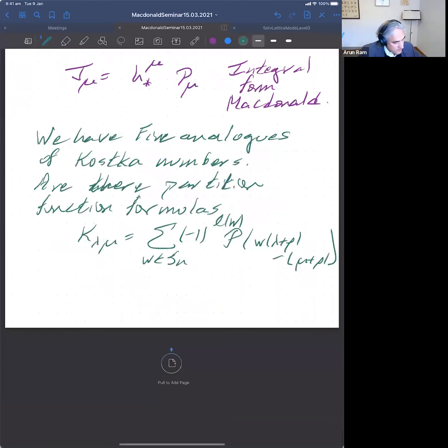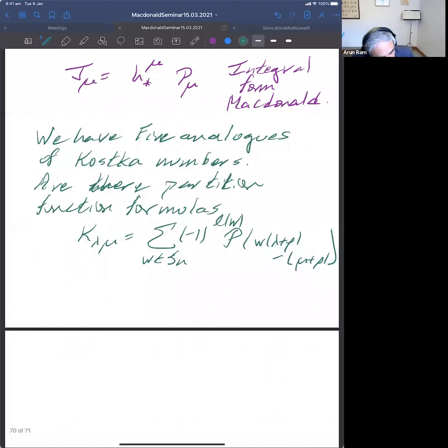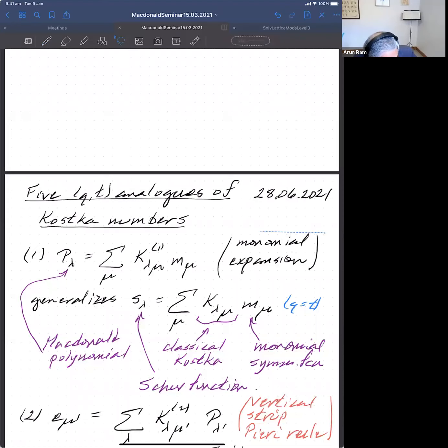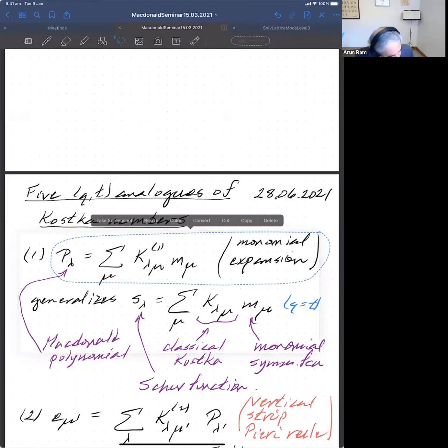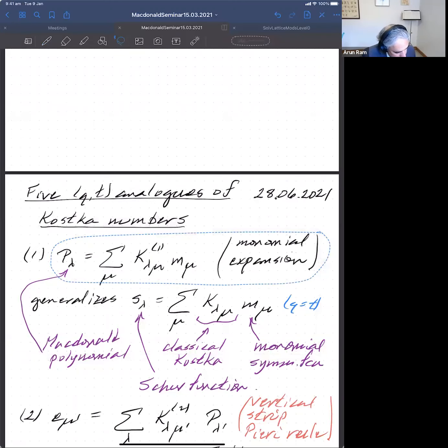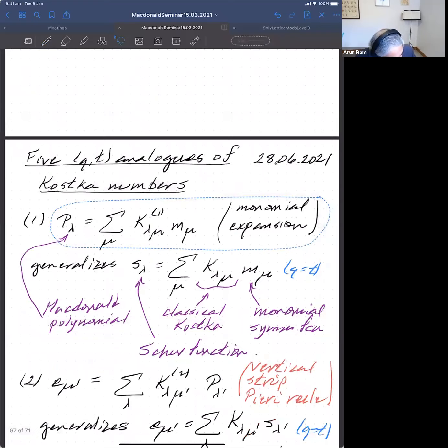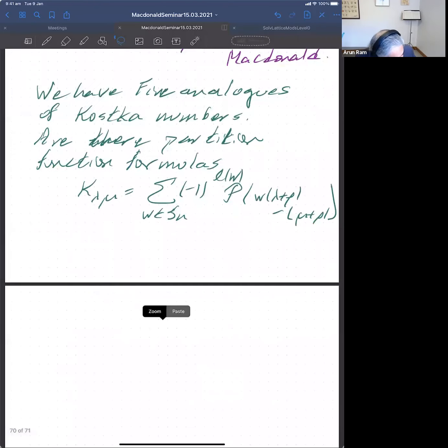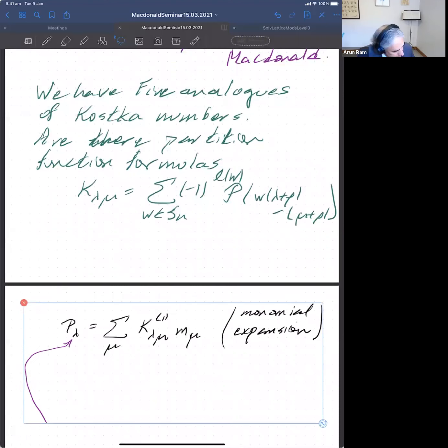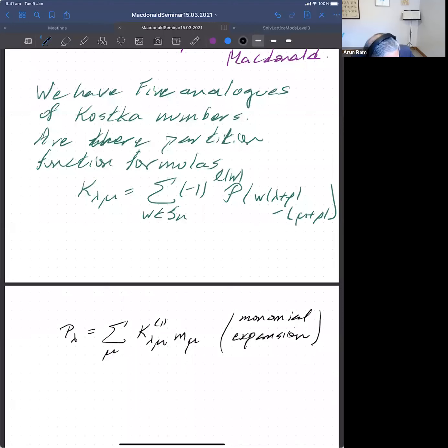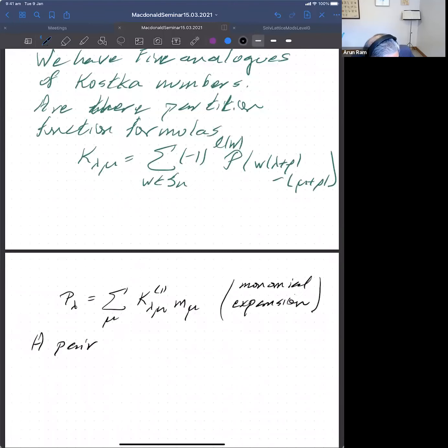Okay, so let me tell you now about the expansion. So let's go back to the very first analog, which is this monomial expansion, and we'll study that. So a pair of partitions, and even if you don't know the classical combinatorics, I'll show you. A pair of partitions, and I'll write lambda slash mu, that's the usual notation.